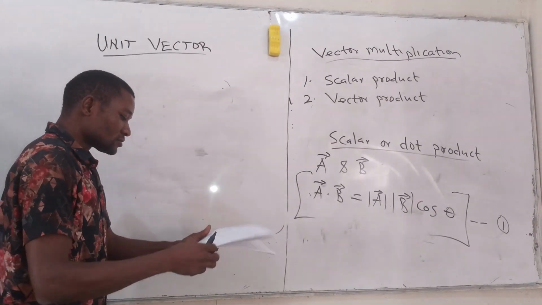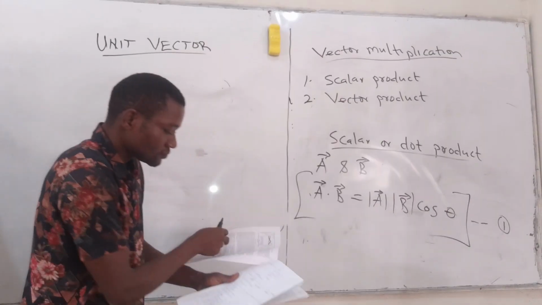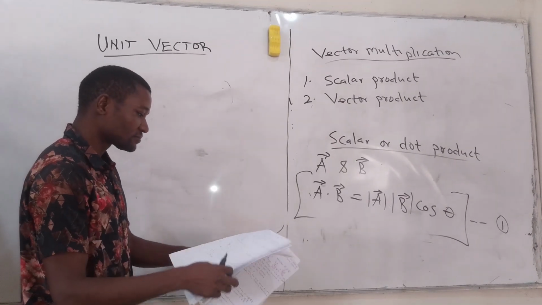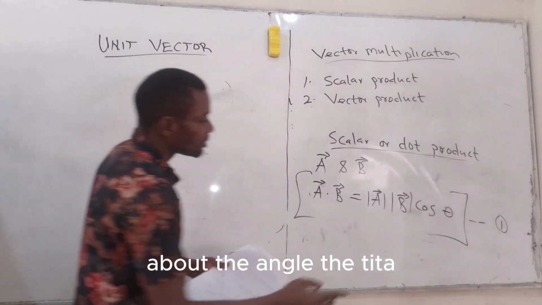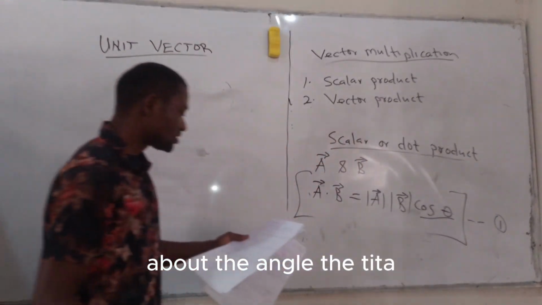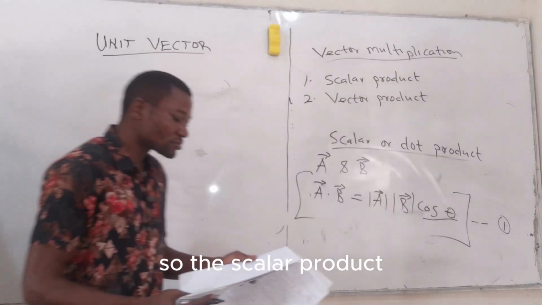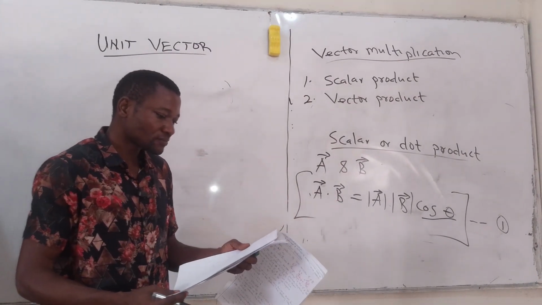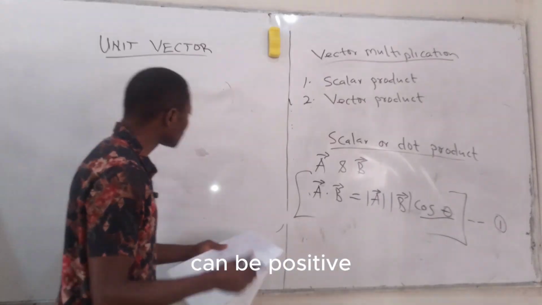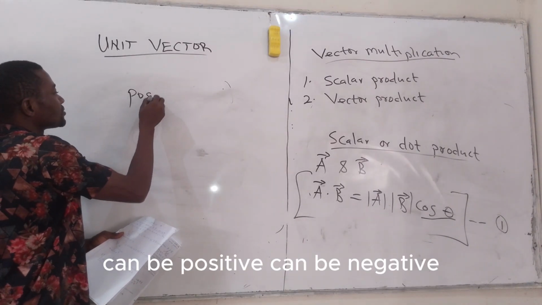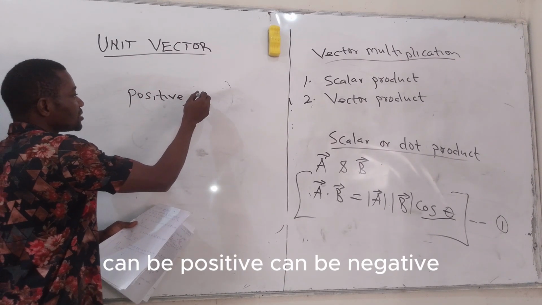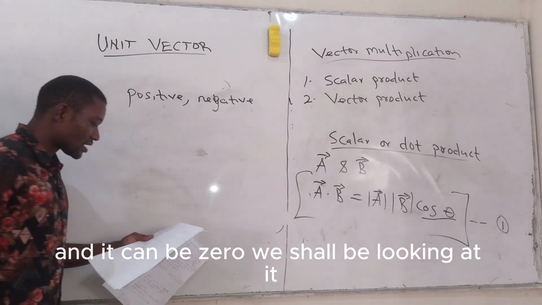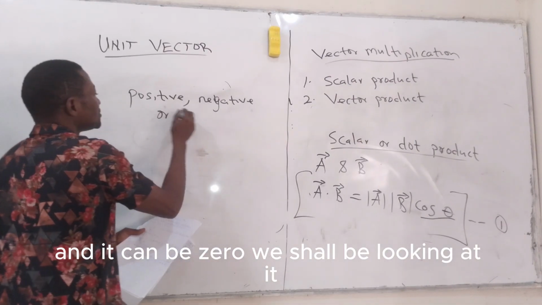Okay. Then there are some things we need to bear in mind about the angle, the theta. So the scalar product of two vectors defined by this expression can be positive, can be negative, and it can be 0.